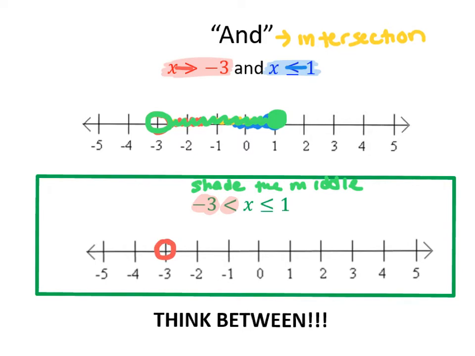I also have a closed circle at 1, so I'm going to put a closed circle at 1. And then we're shading the middle because, again, x is in the middle. So I would shade in between the two. Now we can see that these two graphs are the same thing. It's just different representations of them.